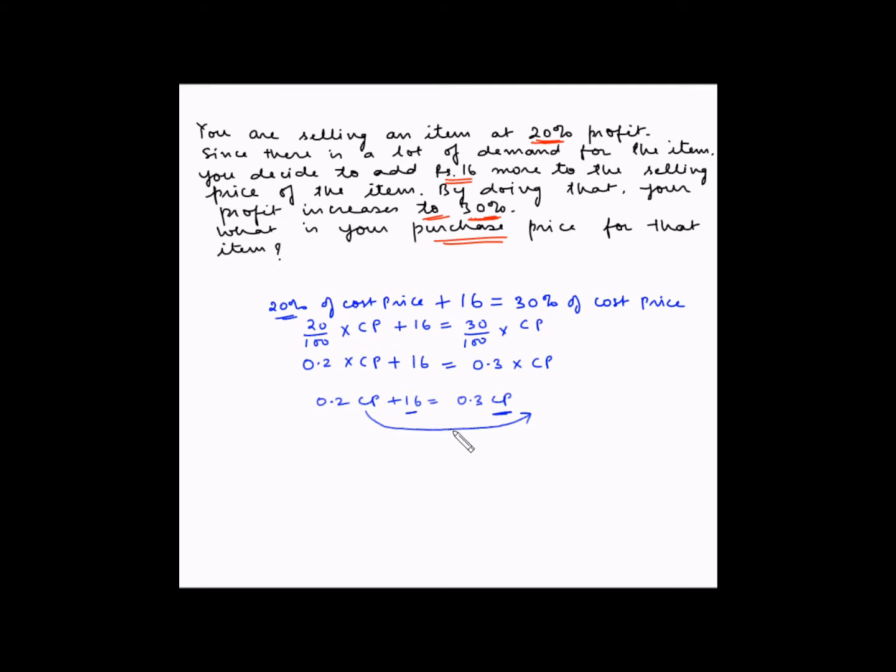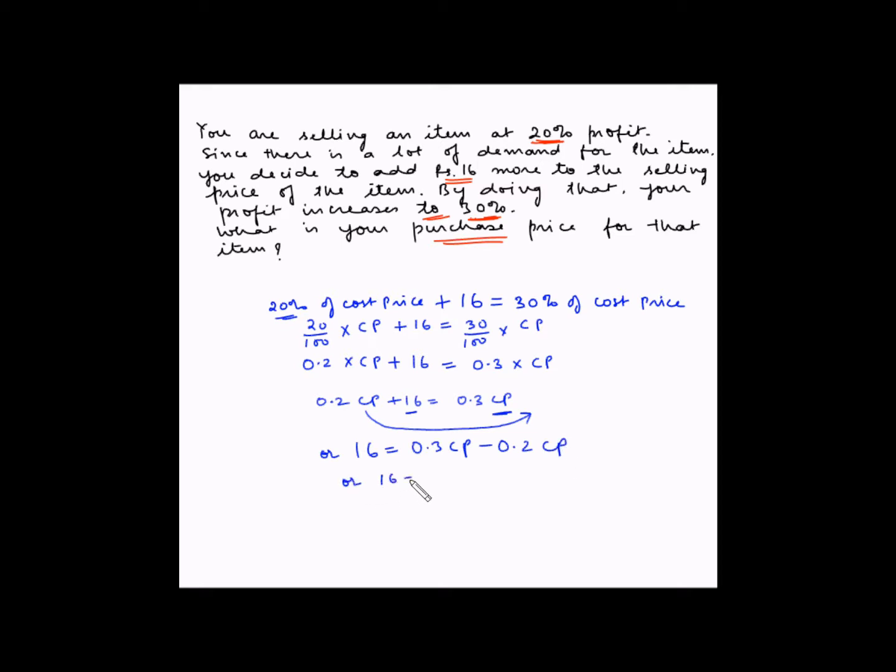So from plus it will become minus. So we'll get 16 is equal to 0.3 CP. This remains as it is. This was 16, this is 16, and 0.2 CP we'll bring onto the other side. So we'll change the sign and we'll get minus 0.2 CP.